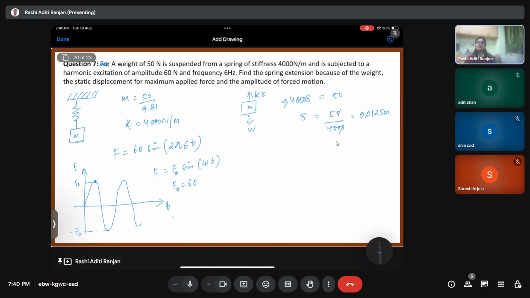So K delta ST is 60. So delta ST is going to be 60 by K, or 60 by 4000, and this will give a value of 0.015 meter. This is going to be delta static.